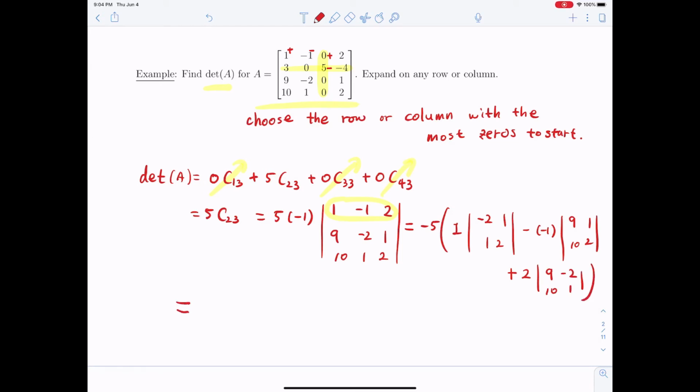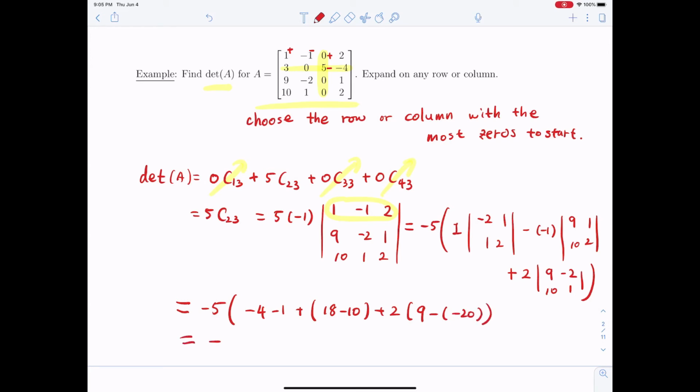So this gives you negative 5 times negative 4 minus 1, plus 18 minus 10, plus 2 times 9 minus negative 20.